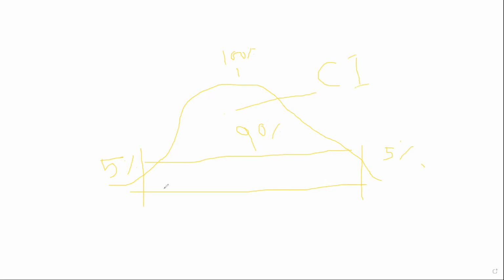And this 5% and this 5%, 10% together, is called the significance level. So this is the difference, and if you know the significance level, you can get the confidence interval or vice versa.